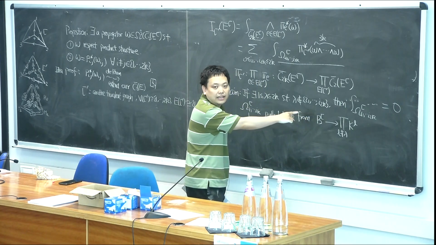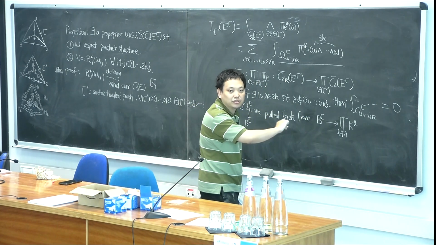Remember that B gamma is like k copies of S1 times k copies of S0.